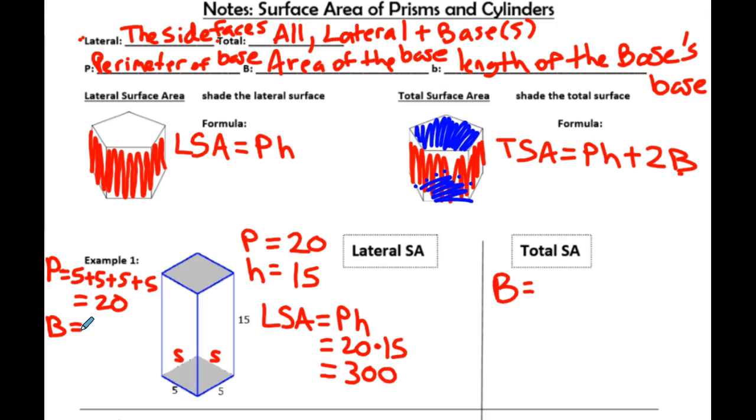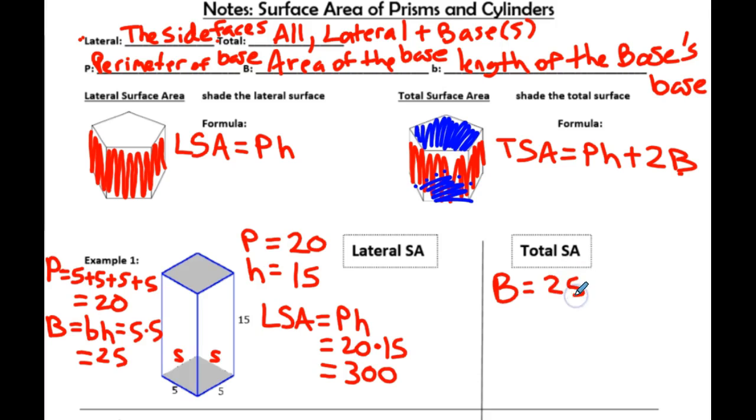Length times width, base times height, however you want to think about it. So it's 5 times 5, which is 25. Do you see how big B was not 5 either? Most people miss this, but capital B is never labeled on there. You have to do a step to find it. So big B is 25.